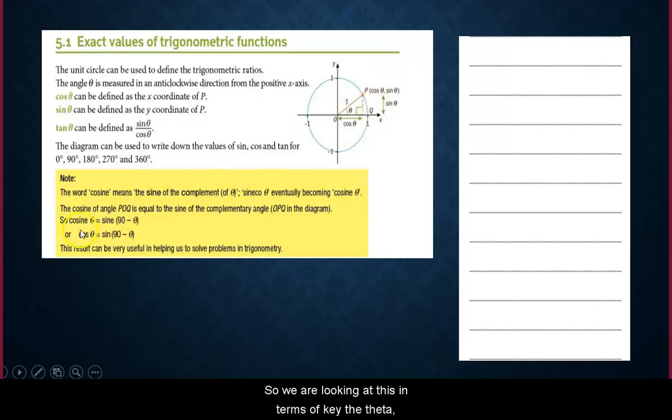So we take cos theta to be equal to sine of 90 minus theta. And we are going to see this briefly in calculations.